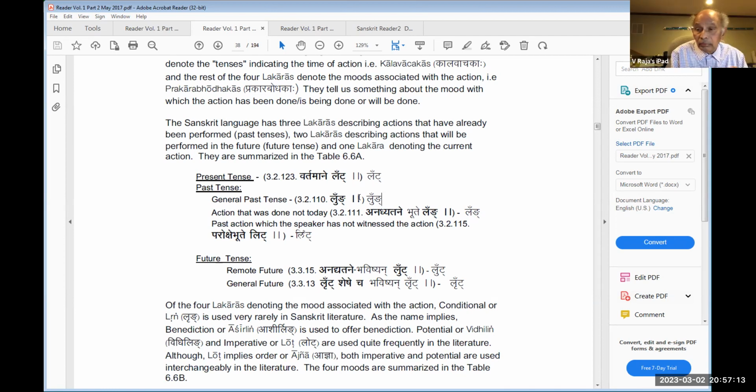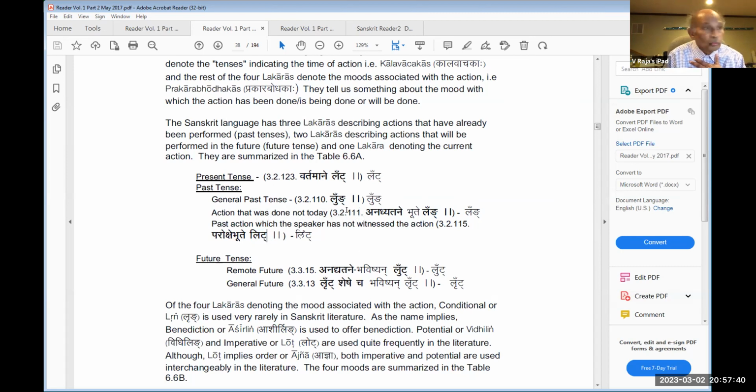No. We are going to derive lung, lat, vartamana, bhuta, and depending upon how much time we get, a few lits. All of these lit, lung, and lat are given step by step in your book.